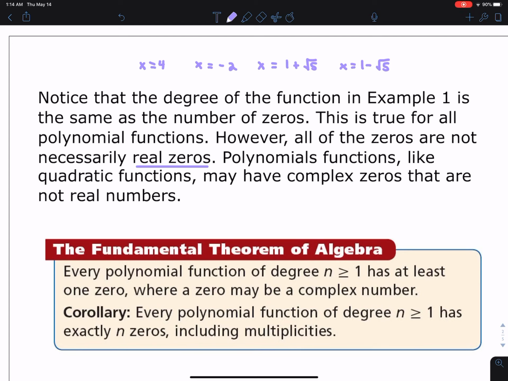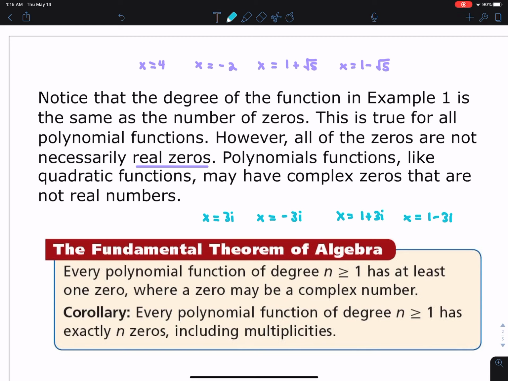We can also get complex zeros that are not real zeros. So in this section, we're moving into things like x equals 3i, and x equals negative 3i, or x equals 1 plus 3i, or x equals 1 minus 3i, or 7i, or i times the square root of 7, or any kind of complex number that you can think about.